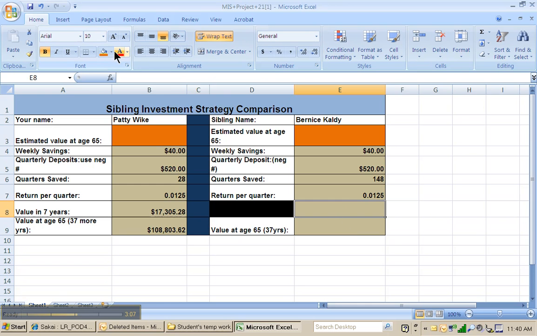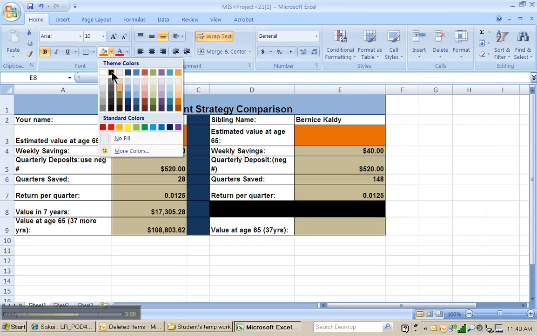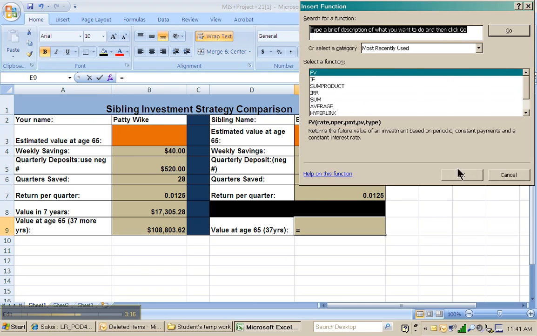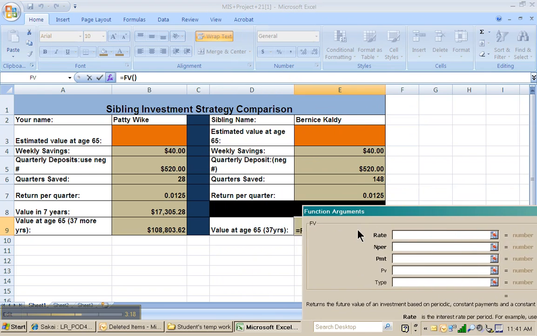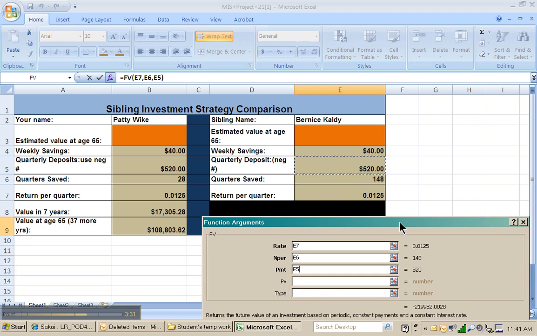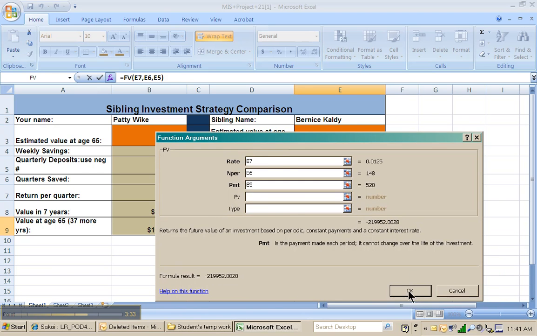Now, on this particular person, I am not doing anything here, so this would be black. Let me blacken this out. And then down here, I'm going to do future value again for this person, for the sibling, and the rate per period, per quarter is that, and the number of periods is 148, and the payment is 528. Okay, and so then I'm going to hit OK.